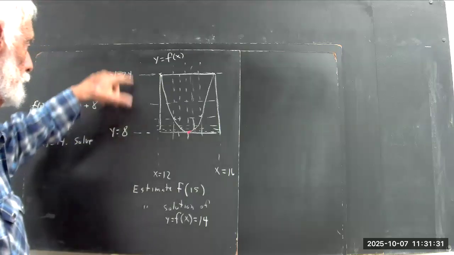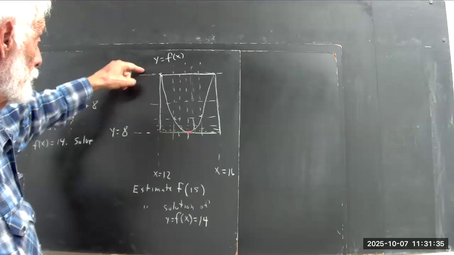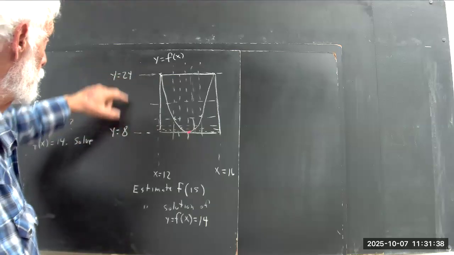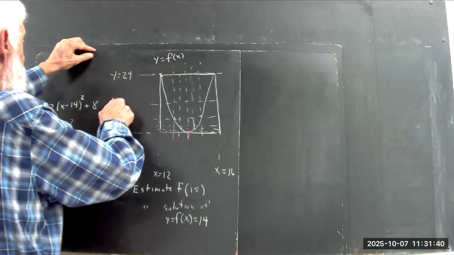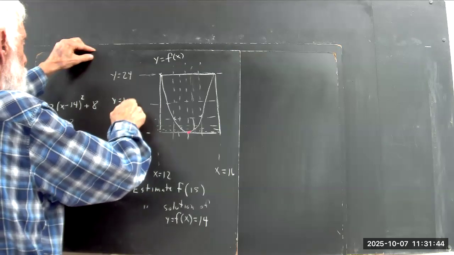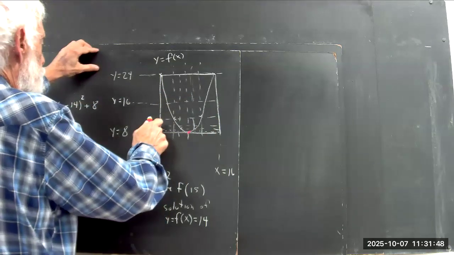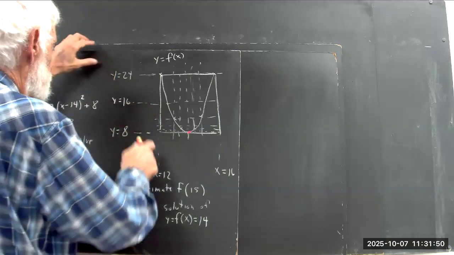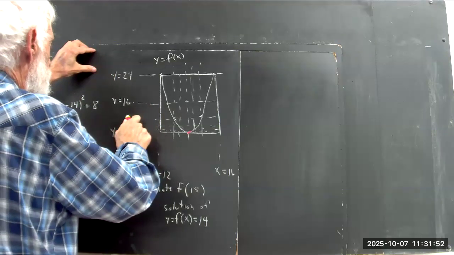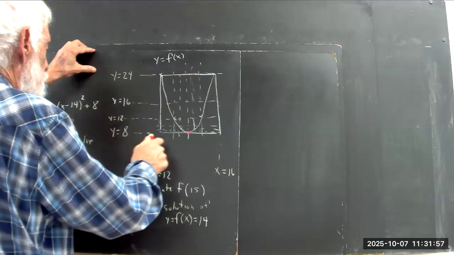From that, we can figure out what the y coordinates are. This line is halfway between 8 and 24, which is y equals 16. Here's the line halfway between 8 and 16, and that's y equals 12.